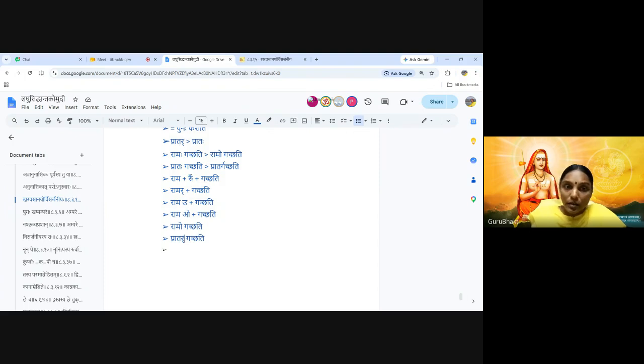It is there with Pratar Shabda. So this is Shuddha Refa. Now this Refa will not change into Ukara. It will not change into Okara. If we don't want to do Sandhi here, what happens is Pratar Gachati. Pratar Gachati, this way form will be there. Is this clear?